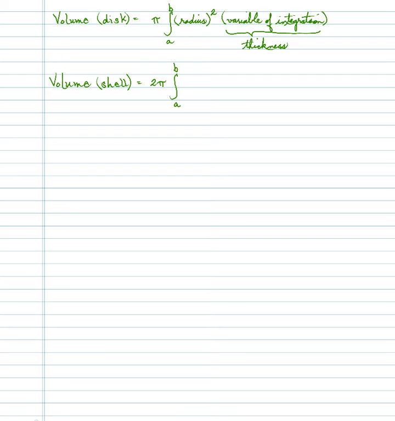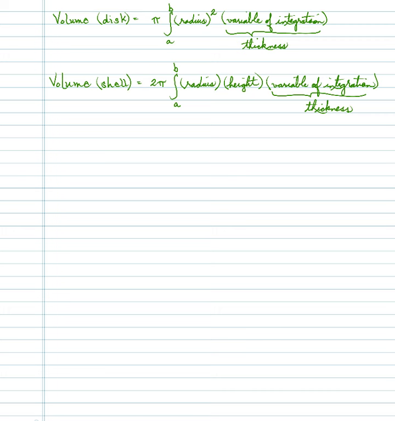Here we have 2 pi times the radius times the height times the variable of integration. In the same way as for the disk method, the variable of integration represents the thickness. Okay, so those are our formulas.